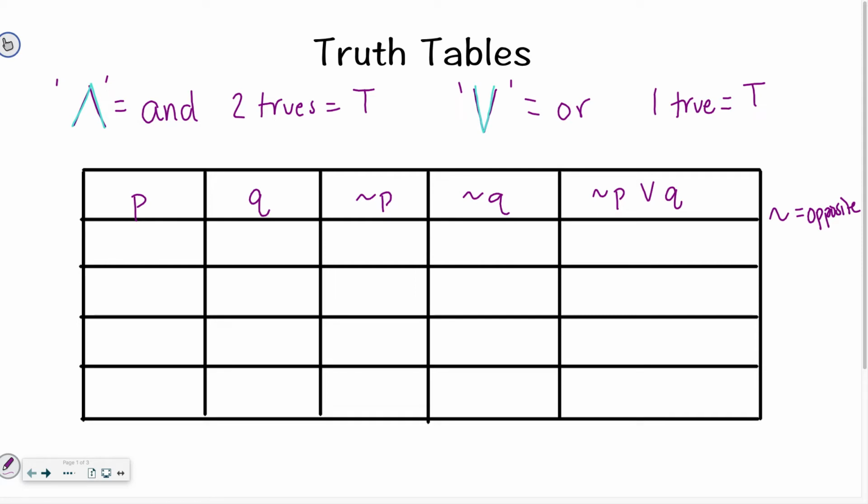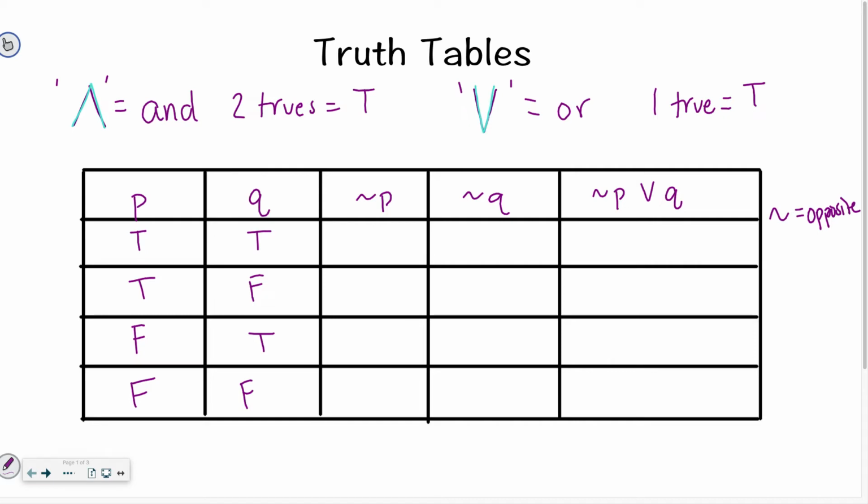So P could be true, and so could Q. But I could also have where P is true and Q is false, right? I could also have where P is false and Q is true, or they could both be false. Those are all of my possible combinations.